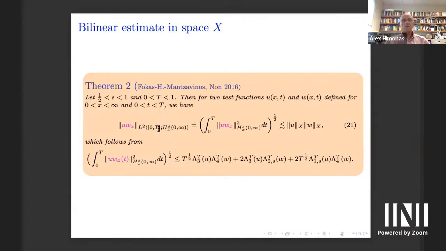You see here now this funny term that appears in the linear estimate. We bound it above by the X norm of U and W. And this follows from this inequality here, which again, we're not going to spend time on.